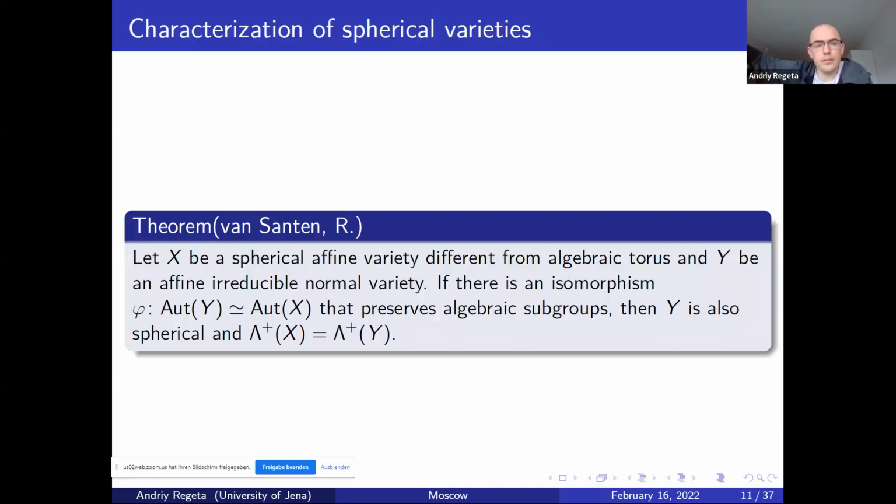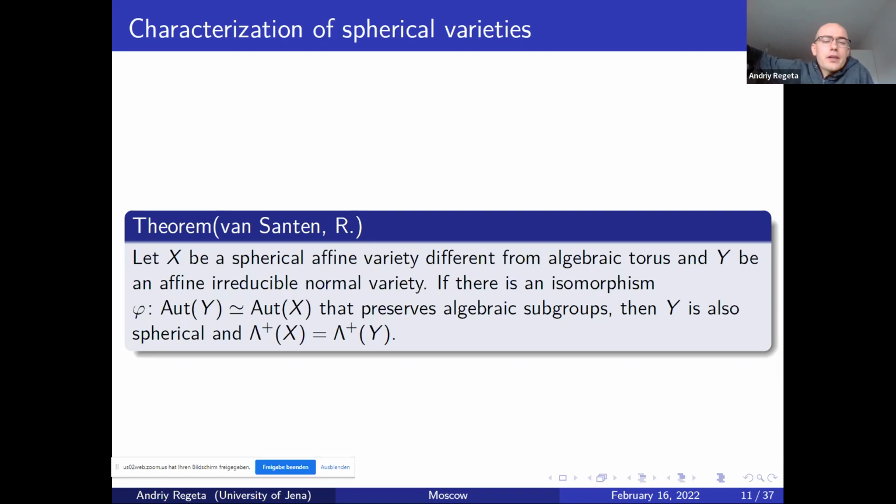Now, characterization of spherical varieties. This is the statement which you already have seen in one of your talks, I think by Victoria Borovic. But I nevertheless state it and will give some extra remarks on this result.